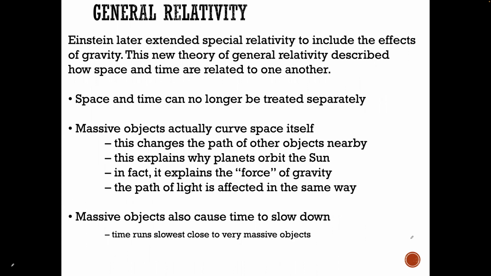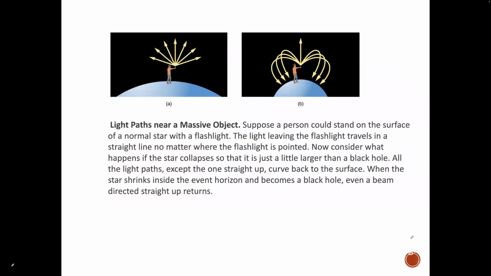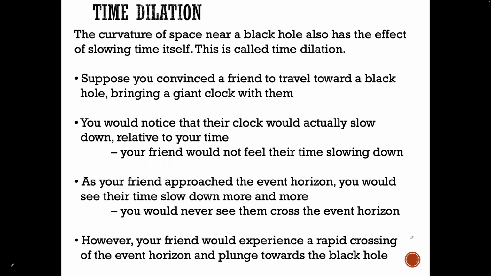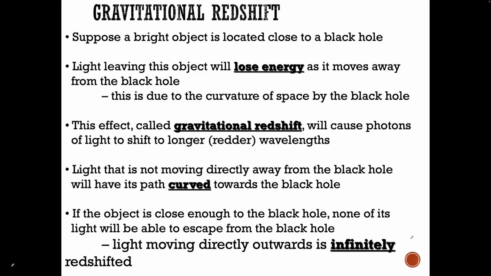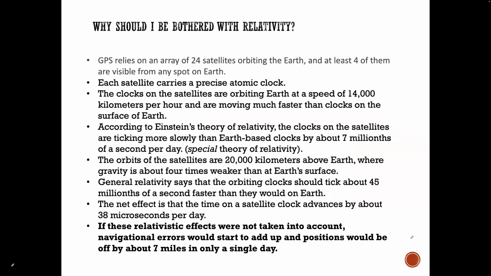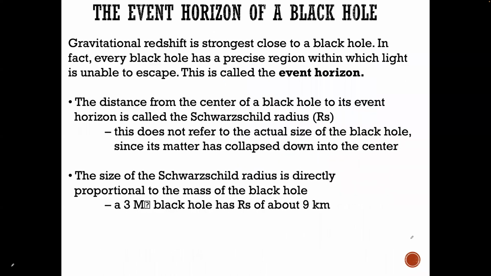Right, so we will talk about general relativity and how matter curves space and time and what happens to light. And because of that, the consequences of relativity and how they are related to our topic, which is about the black holes, right? Like the event horizon of a black hole, those kinds of things. So the next section will be basically about understanding Einstein's theory of relativity, especially the general theory of relativity, which is more related to this topic.